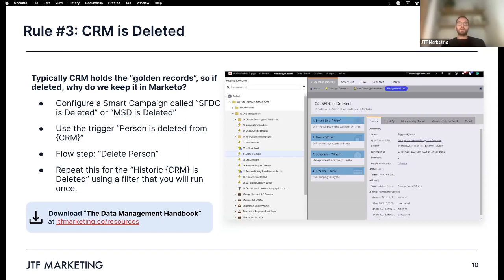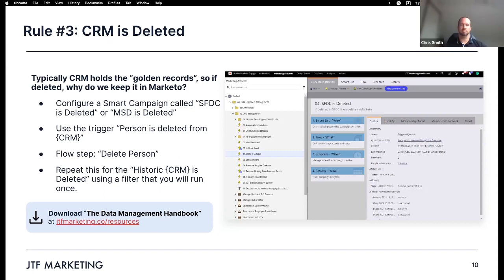So we want that CRM to be 100%, but we can move people in and out of Marketo as we see fit, as long as we keep that source of truth correct. So there's triggers within Marketo that can say delete people from Marketo, and then you can choose, do you want to delete them from the CRM as well, or do you want to keep them in the CRM?